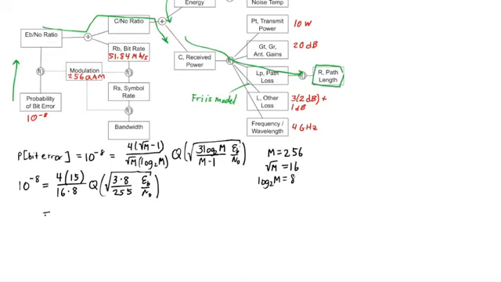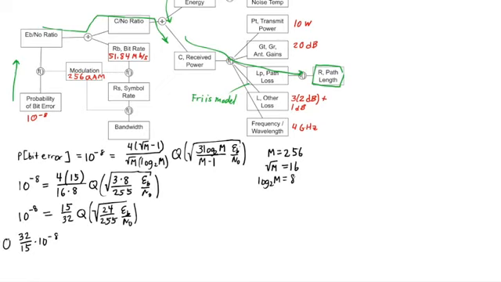To simplify, what I need to do, and this is the kind of the thing you perhaps are not used to, is to invert this Q function. So I'm going to move this 15 over 32 to the other side and get 32 over 15.